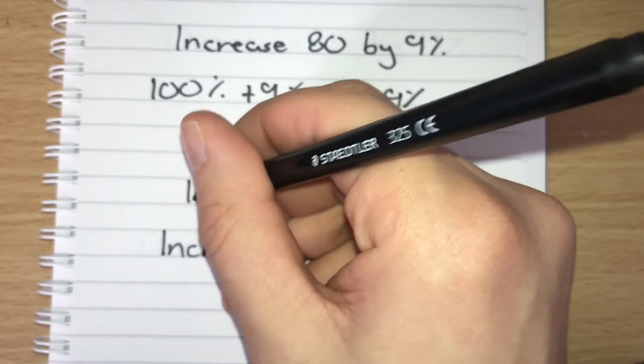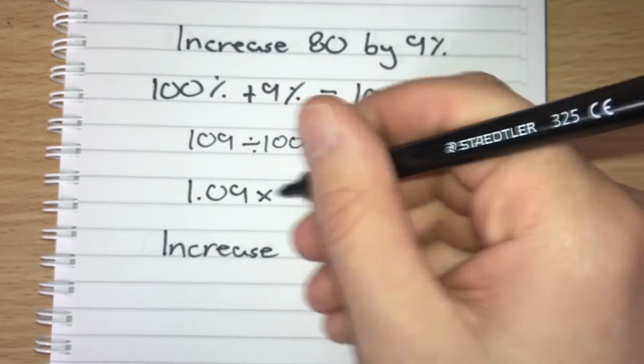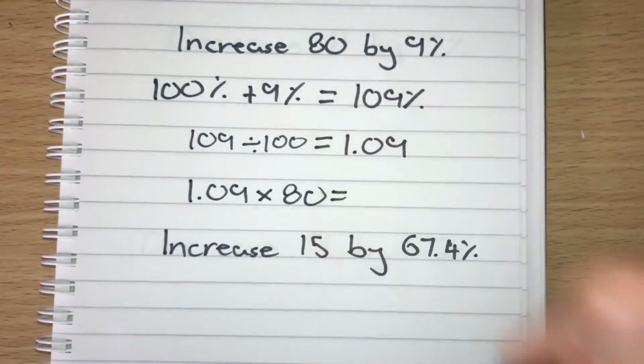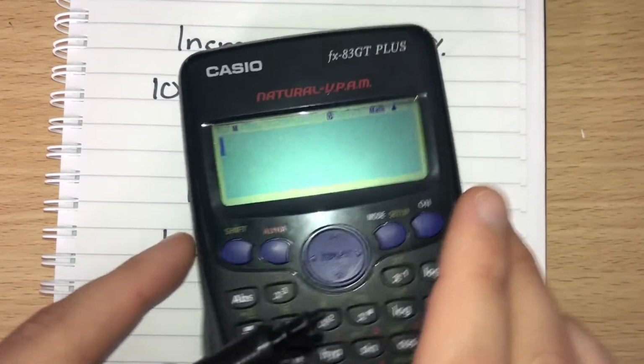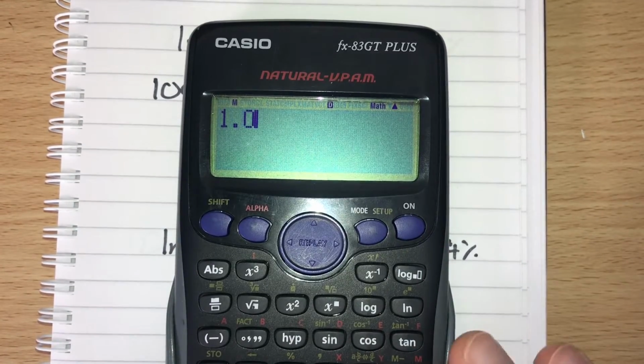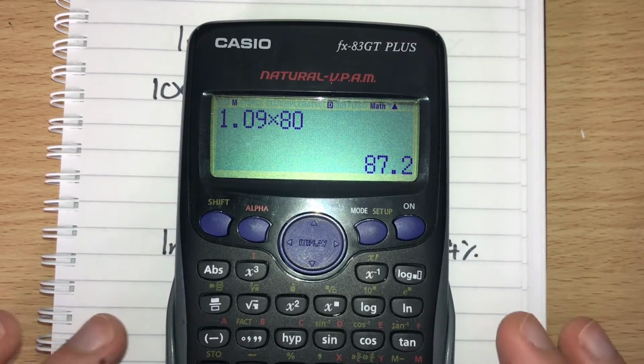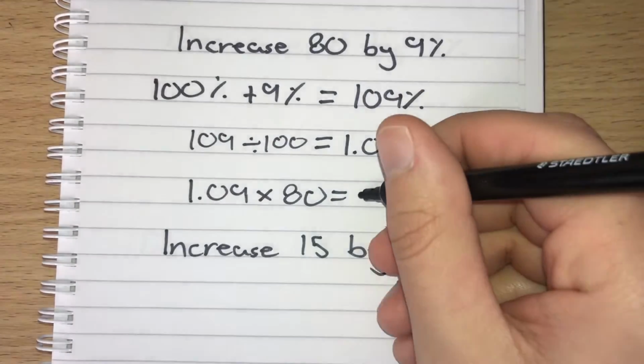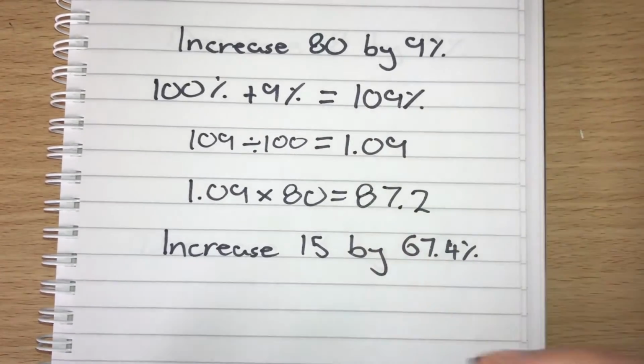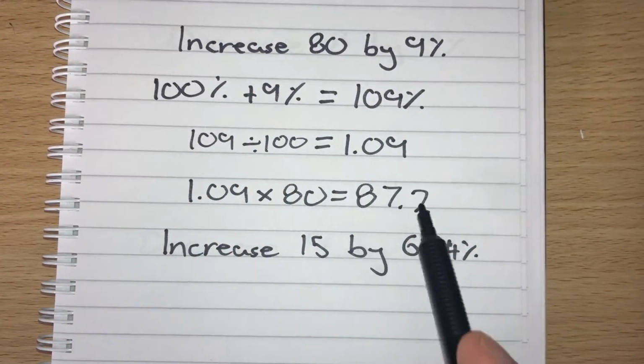So 1.09 multiplied by 80, and for this step we use our calculator. We get an answer of 87.2. So the answer to increasing 80 by 9% is 87.2.